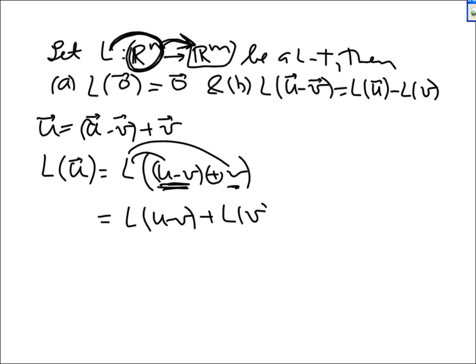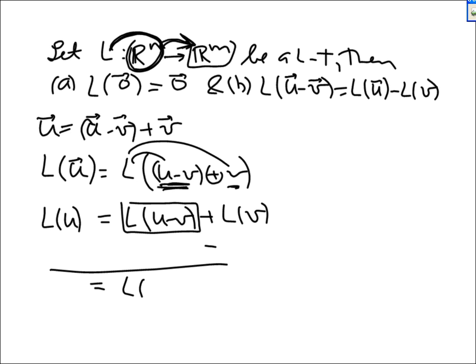And I just love seeing this, because I want to know what L of u minus v is equal to after all. So I'll take away L of v, and the right side is just L of u minus v.